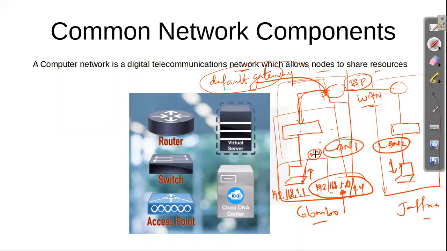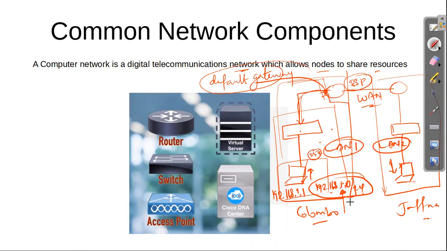Later on we can study IP addressing, and we will come to know about this concept: what is a network, what is an IP address, what is a broadcast ID, what is a collision domain. Several things, like subnetting, what is a subnet, what is FLSM, what is VLSM.